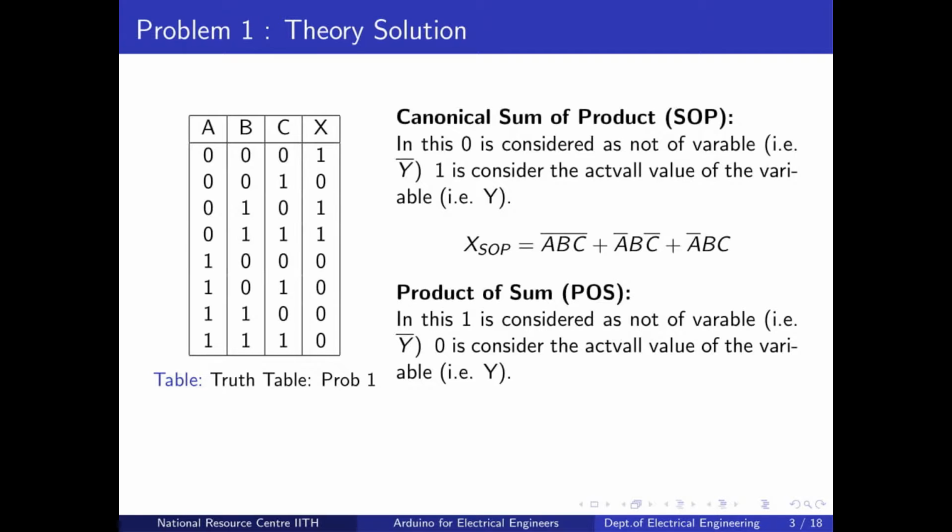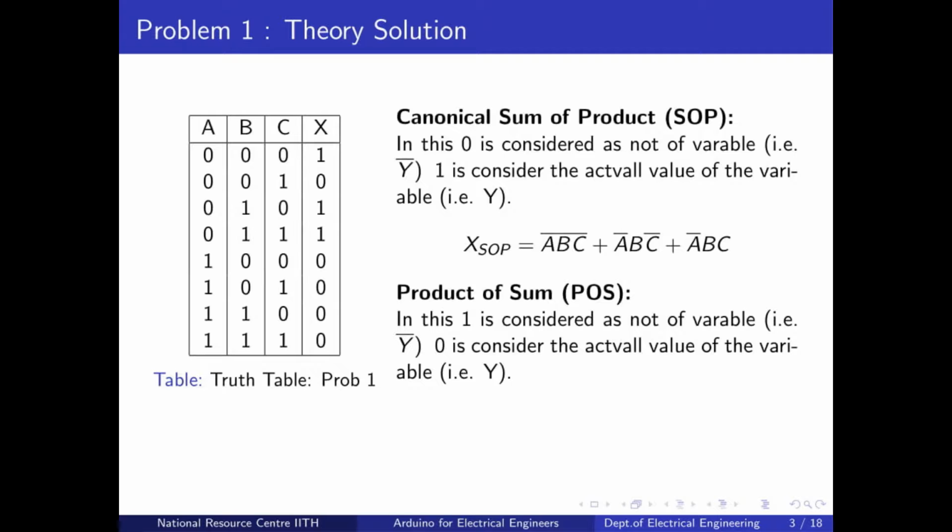Canonical POS. In canonical POS, 1 is considered as the negation of the variable and the actual value is considered as 0. So, in the truth table, we select the outputs which are 0 and using that we form the product of sums.